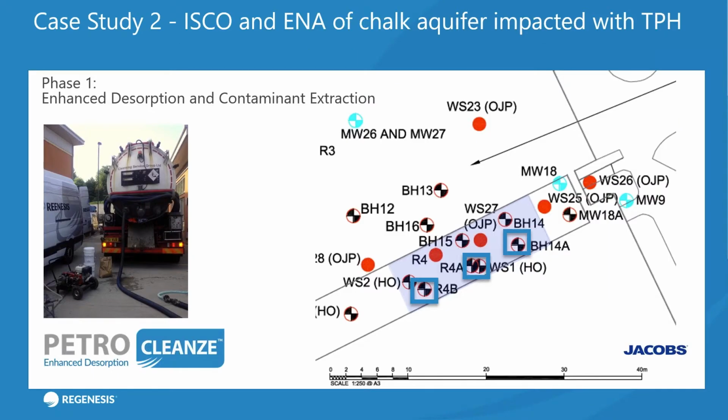What we initially did, we injected a product called PetraCleanse into the subsurface. We did this across the wells where there was the most heavy impact, where there was measurable free phase. We were lucky here, we were able to utilize a vacuum tanker to remove the desorbed contamination, as we had pretty good recovery rates from each of those wells.